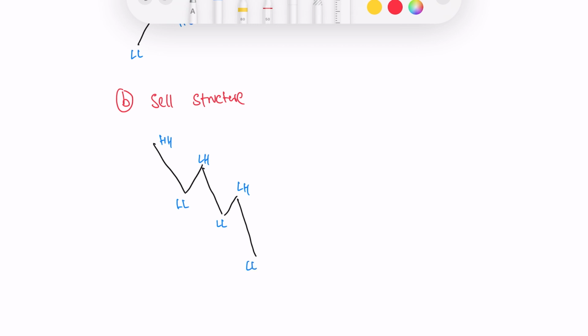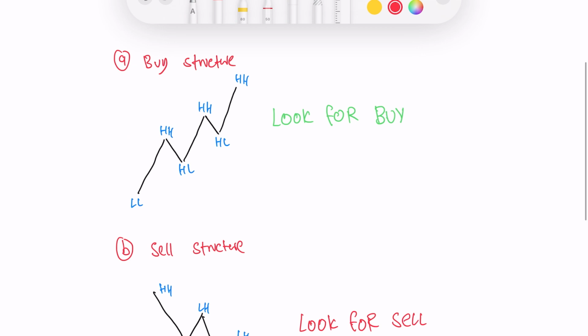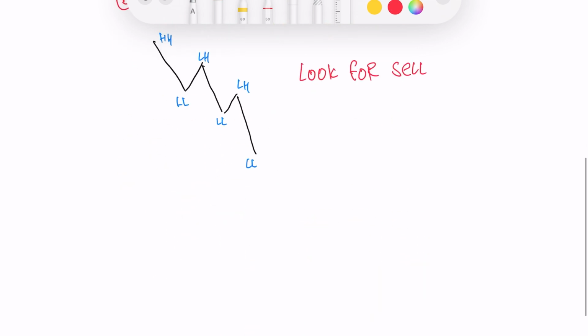So if you see something that is doing a higher high, lower low, lower high, lower low, lower high, lower low, okay, so from here itself we can distinguish that we should just look for sell. Okay, look for sell, this is look for buy. Okay, so the purpose of understanding a Sultan setup is mainly this reason.